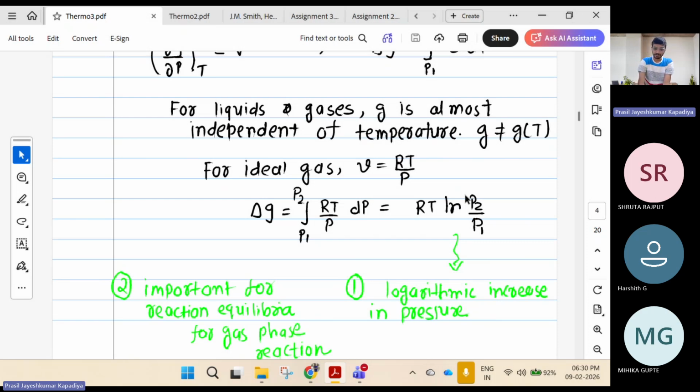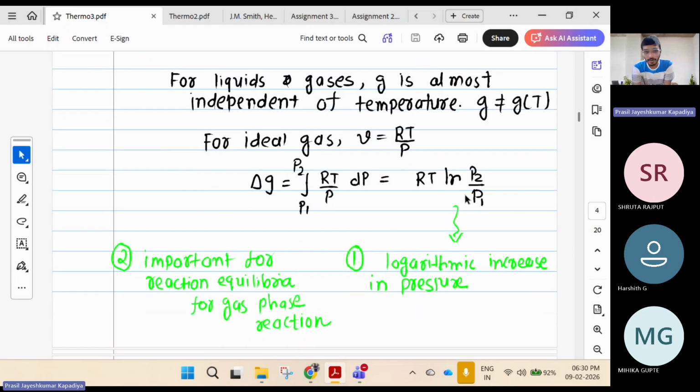So the change in Gibbs free energy is in a logarithmic manner. We have already discussed that constant temperature and pressure conditions are of most practical application. So this equation is very important for reaction equilibria when we are dealing with a gas phase reaction.